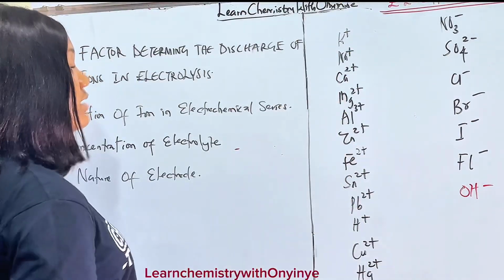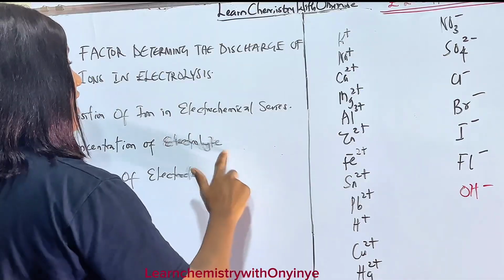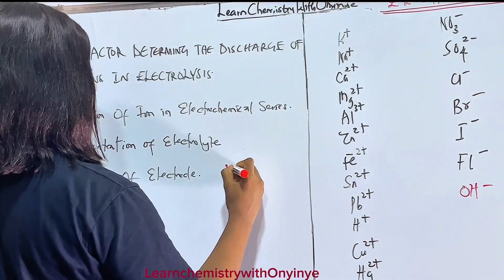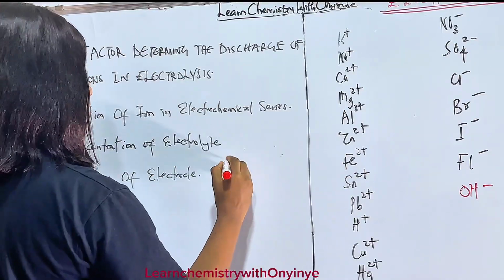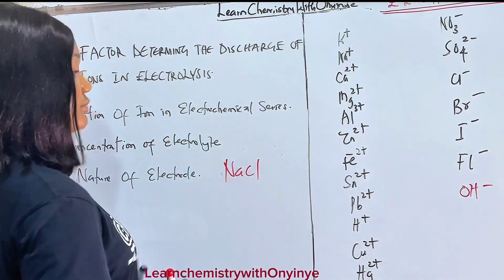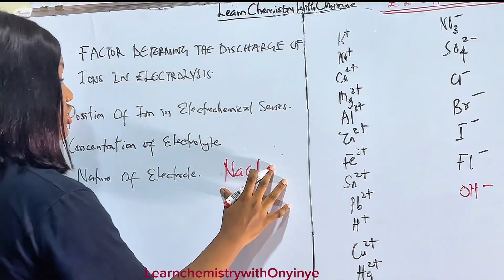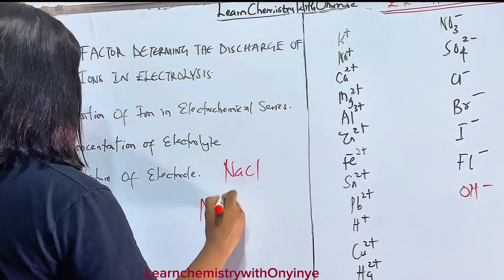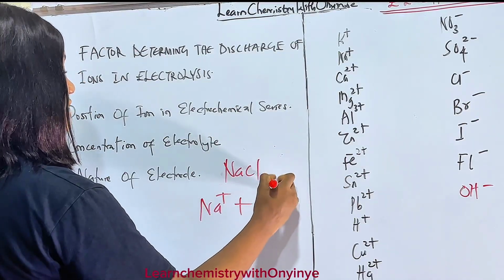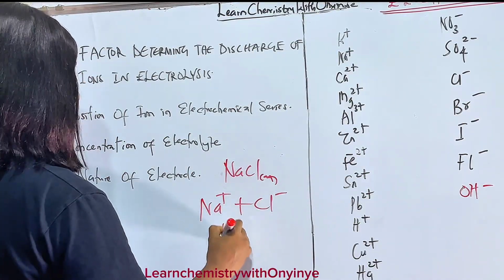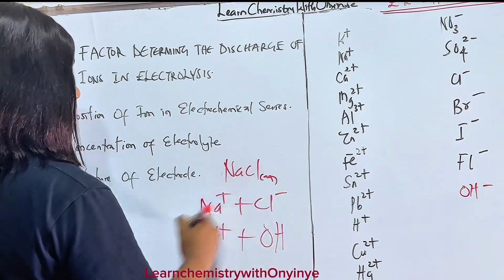So where we have this, the elements below in your electropositivity series will be discharged in preference to the element above. That's to say that if I have aqueous sodium chloride, this will dissociate into sodium and chlorine. Remember, this is aqueous, so I'm going to have both hydrogen and hydroxyl.